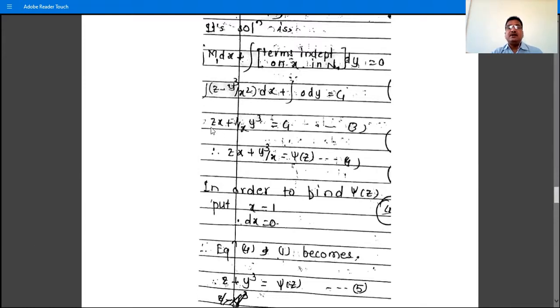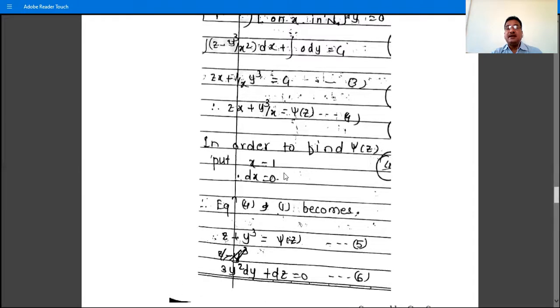So its integration gives zx, y³ is constant, and the integration of −1/x² is plus 1/x. So zx + y³/x is equal to ψ(z), treating the constant as ψ(z). This is equation number 4.